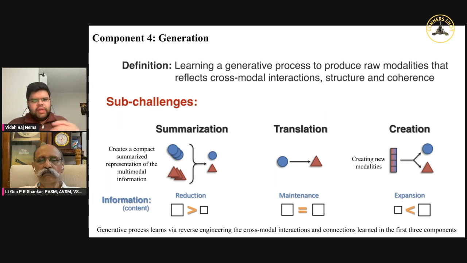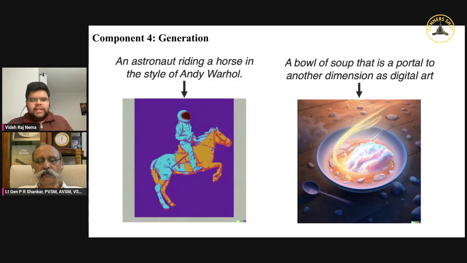So that comes into creation. You can also do summarization, because if you have tons of data and you want to create a compact summarized representation, then summarization helps a lot. So there are techniques of summarization, and overall this generative process is like reverse engineering, basically reverse engineering the previous three steps, so that you can generate new things. And in generation, for example, ChatGPT is a generative model.